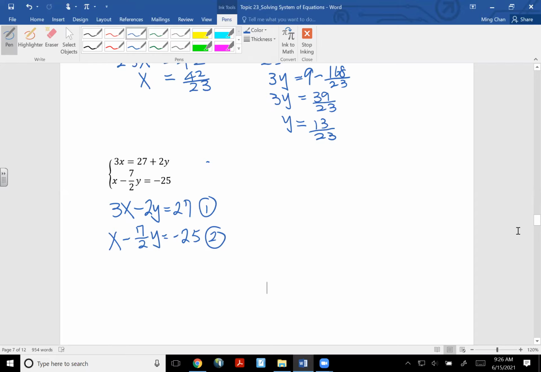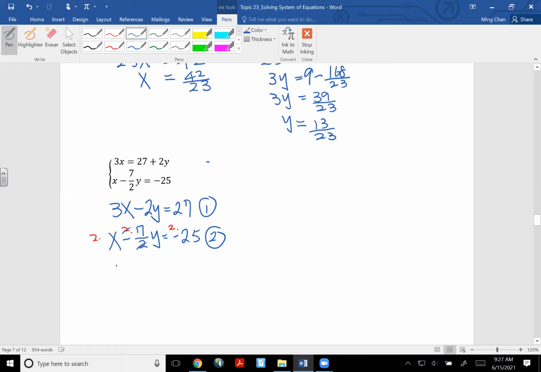All right, so since my second equation has a fraction in it, I want to clear this fraction. So to clear this fraction, I need to multiply every term by 2 first, because 2 times the negative 7 over 2y should give me a whole number, because the top 2 and bottom 2 cancel out.